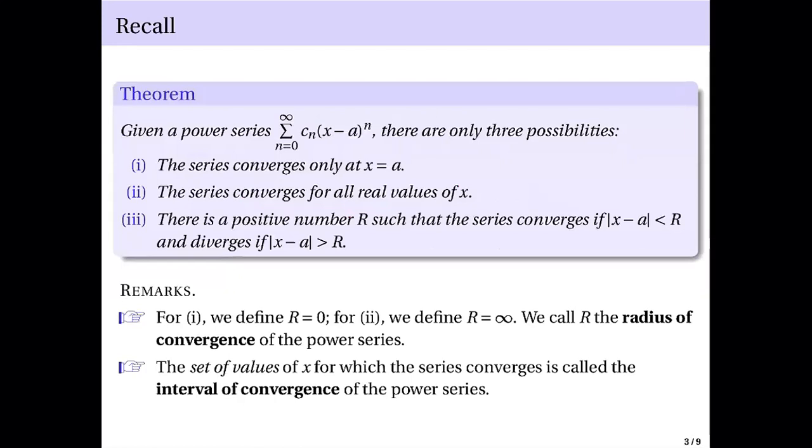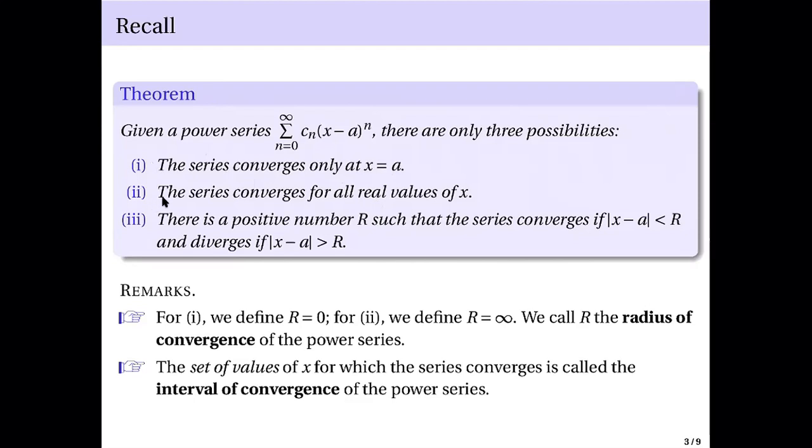Now, a powerful theorem that tells us where the power series converge is the following. Given a power series in this form, there are only three possibilities, and only one of these is true. Okay? So, first is the series converges only at x equals a.